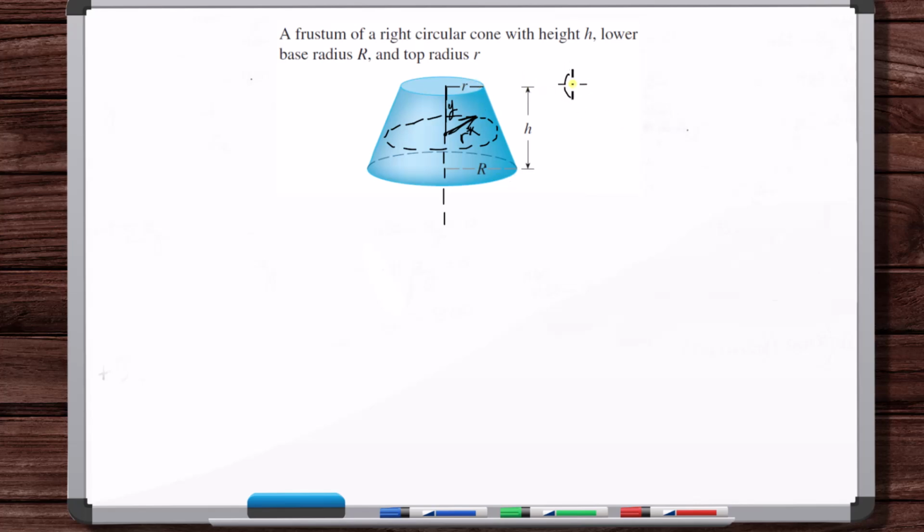If we imagine the input's going to be y, and the output's going to be r star, we can see that when y is equal to 0, r star is going to be lowercase r, and when y is equal to h, r star is going to be uppercase R.